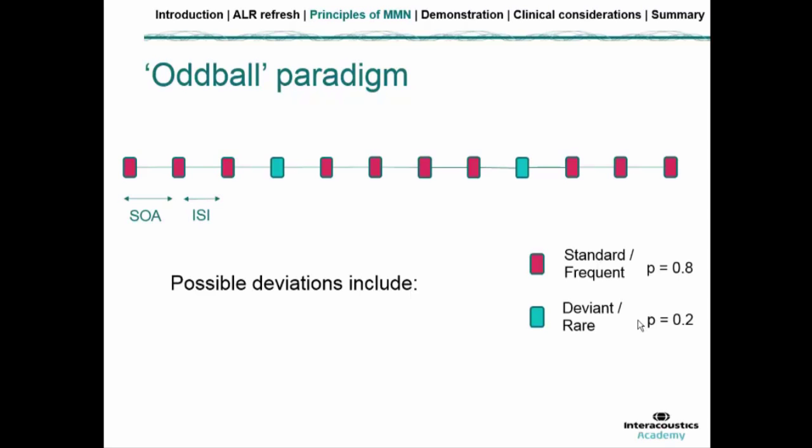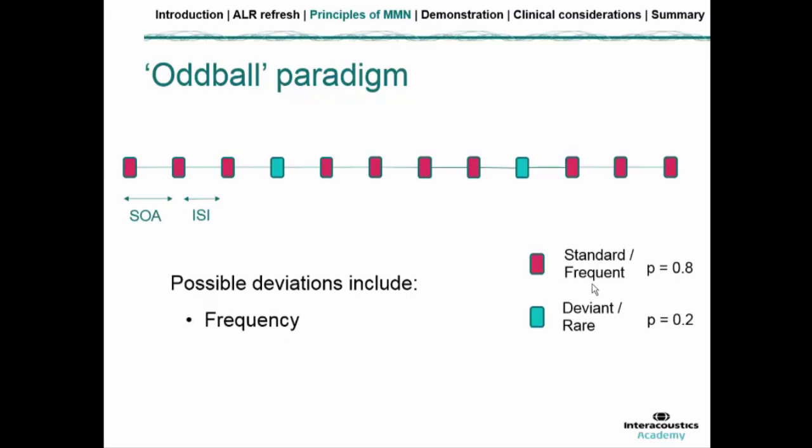As we saw in the previous example, there were two stimuli that differed in terms of frequency, and I think it's fair to say that the frequency deviant is perhaps the most studied type of deviant in the oddball paradigm, at least when it comes to the MMN. But there are other types of deviants, and they can differ depending on the particular purpose, the research question, or the potential clinical application you might have in mind.